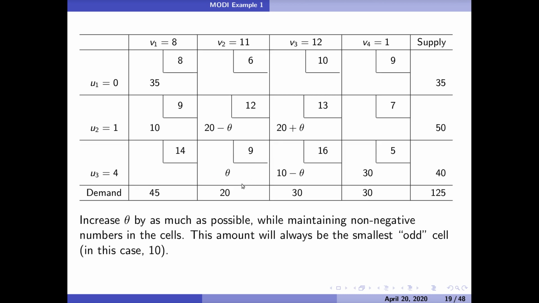So again, if I put in theta, to keep things balanced, I have to add and subtract theta just like that. And so then the question is, how much can I increase or decrease theta by and stay balanced? It looks like this is going to be the defining equation here. I can increase theta by 10.